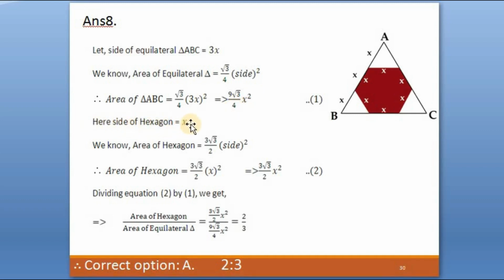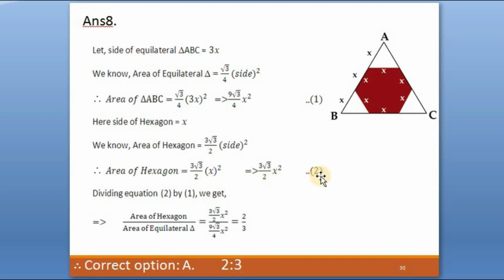So the area of the hexagon comes out using this formula, 3 root 3 by 2 side square. So the side is x, and by putting the value, we get 3 root 3 by 2 x square, as equation 2.